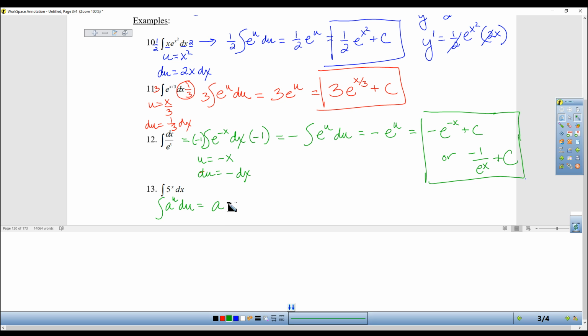It is equal to a to the u over this little extra step like we had with derivatives, over the natural log of a. So you just have to be able to follow the formula. So the integral of 5 to the x dx is going to be, you repeat this thing, 5 to the x over the natural log of a, so in this case the natural log of 5 plus c.